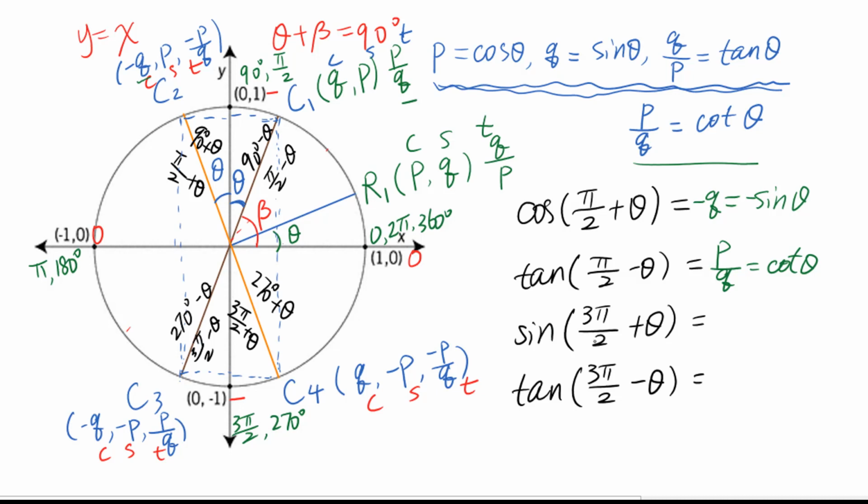Sine 3 pi over 2 plus theta, that's this line. Sine will be negative P. So we can write down negative cosine theta. For tangent, 3 pi over 2 minus theta is this one. Tangent will be P over Q. So P over Q, which means cotangent theta.